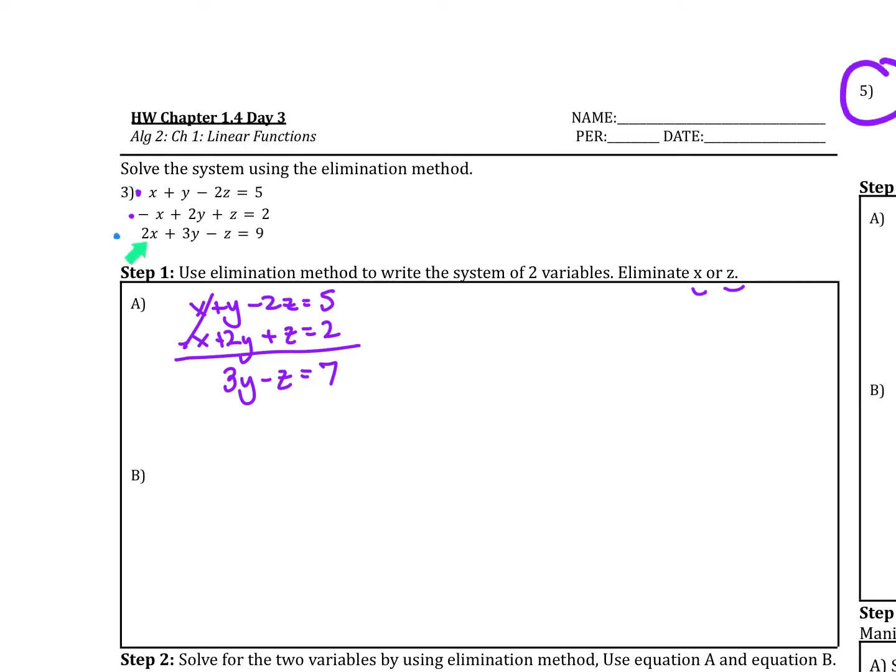And if we're trying to eliminate x again, then a good one to use would be the second equation. And the reason why is because they're opposite signs. And then for the second equation, all I need to do then is multiply by a positive 2. If I multiply by positive 2, then this will be a negative 2x and then a positive 2x. And so those will cancel. So let me distribute a 2 into the second equation.